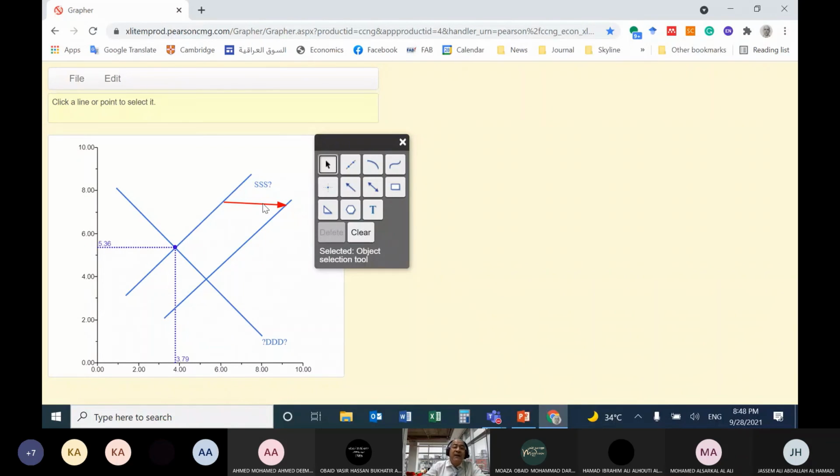So the red line refers to an increase in supply. This is a new supply curve. The demand curve is still the same. My question now: what will happen to the equilibrium price of tomatoes and the equilibrium quantity of tomatoes?